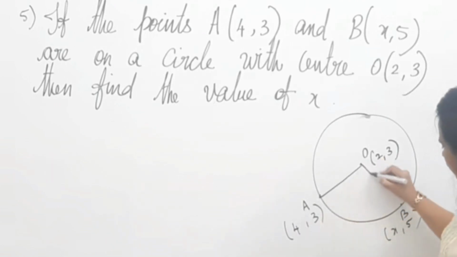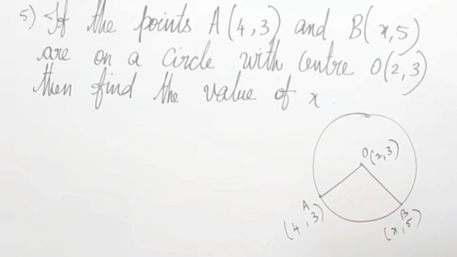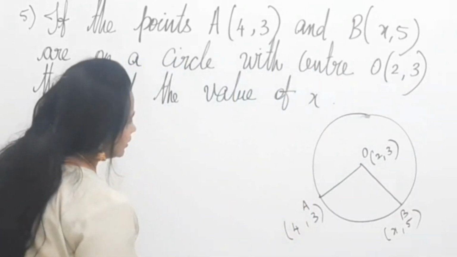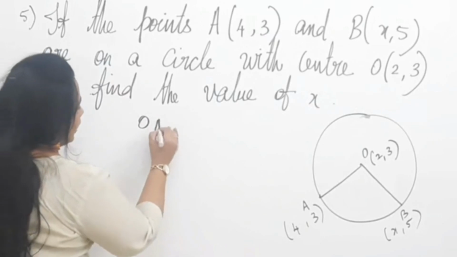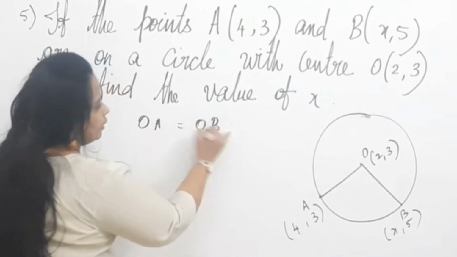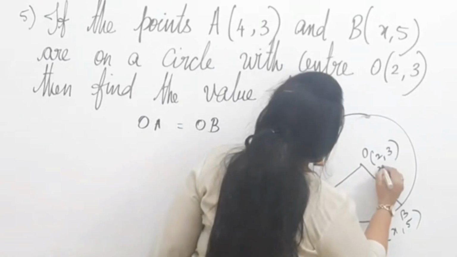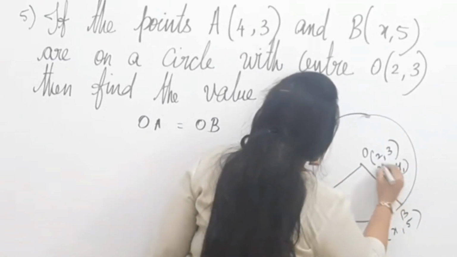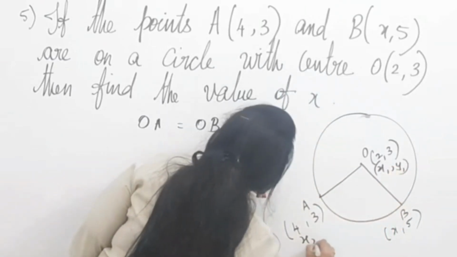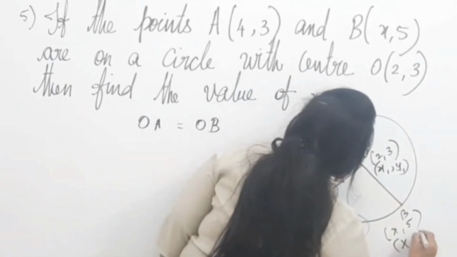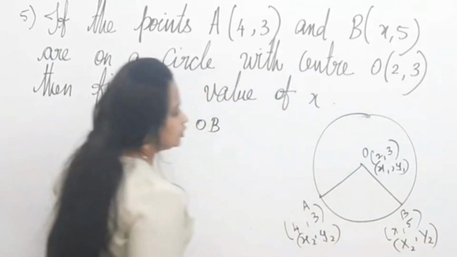So you know they are on the circle. That means both the radii are equal. So I would write my OA is equal to OB. So I would have this one O as x1, y1, this is x2, y2, and this one capital X2, capital Y2.